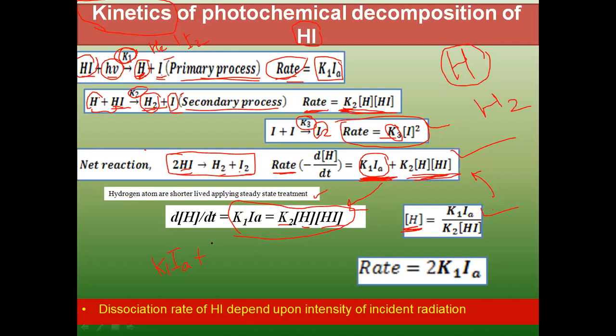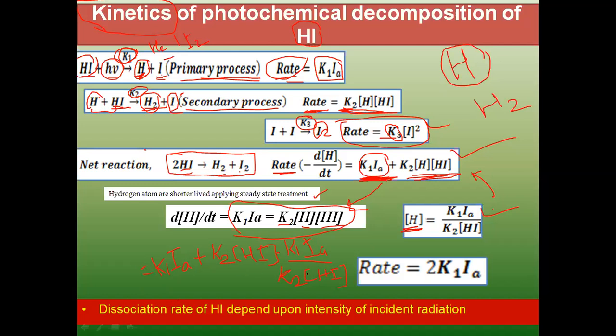Means there is a K2 concentration of HI, okay, and the value of H is this one, K1 Ia upon K2 concentration of HI. ठीक है, समझ आ रहे?